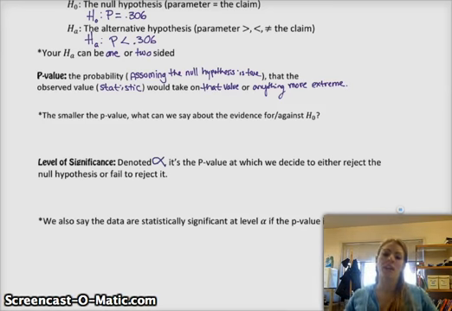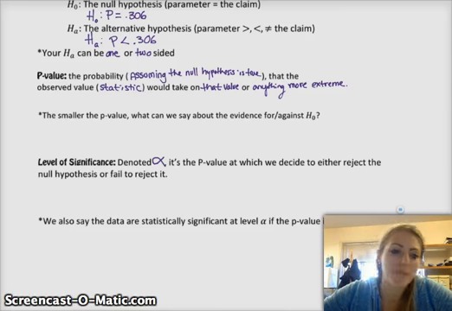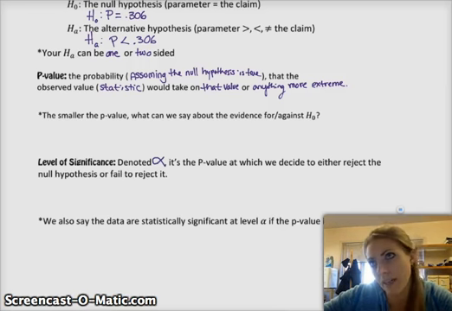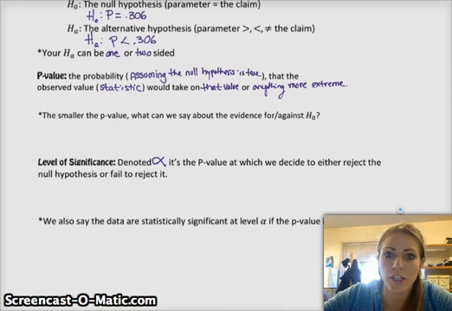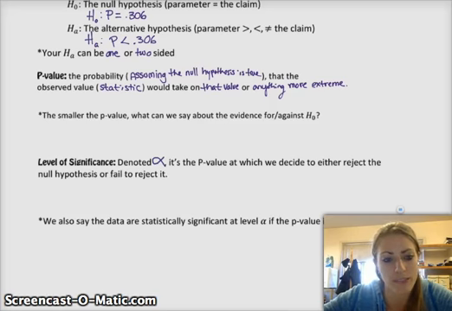But anyways, perhaps you would be given, okay, test this at a significance level of 5%, and then you get your p-value to be something smaller than 5%. At that point, you would say we reject the null hypothesis at a level of significance of 5%.